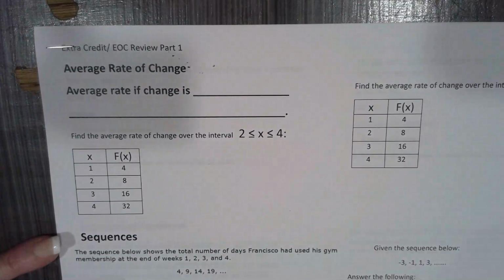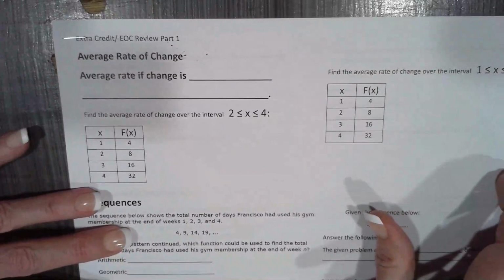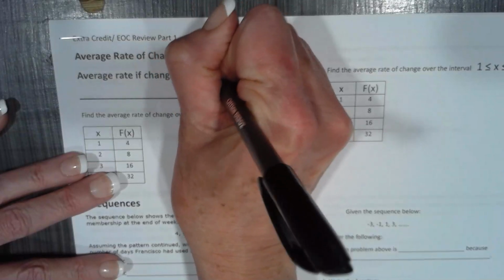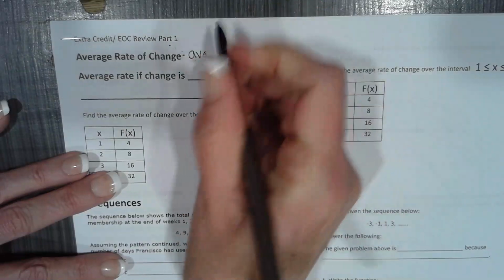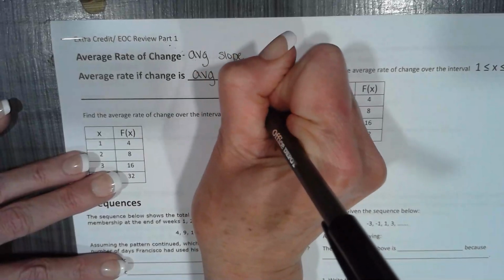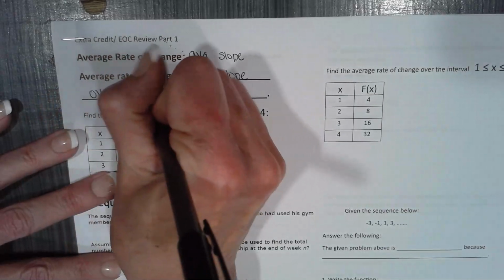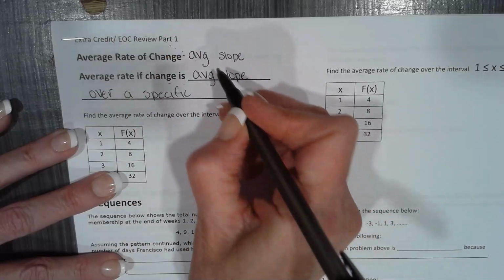So here we go. Average rate of change. What is average rate of change? It is really the average slope. I guess I should have written that here: average slope over a specific interval.